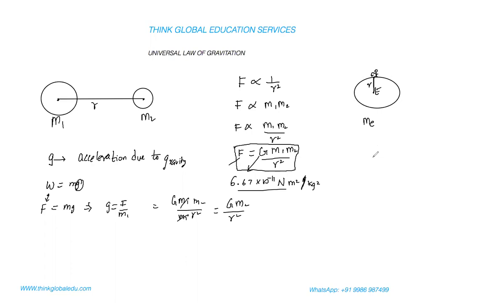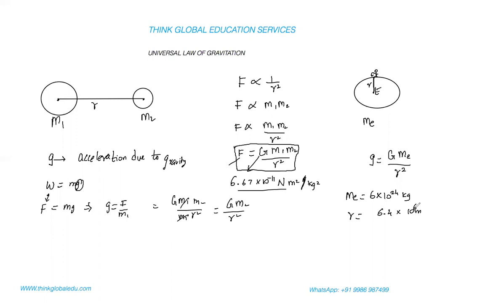The field strength g equals capital G times the mass of the Earth divided by the radius of the Earth squared. The mass of the Earth is 6 times 10 to the power 24 kilograms, and the radius of the Earth is 6.4 times 10 to the power 6 meters.